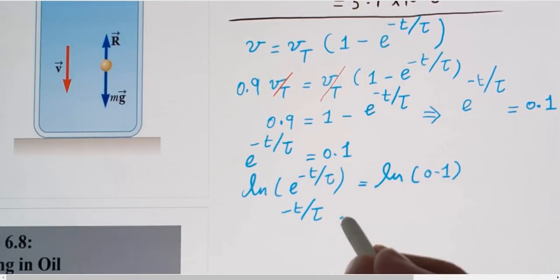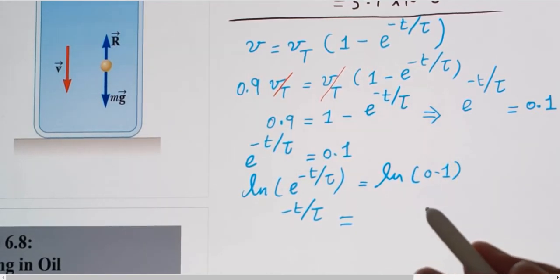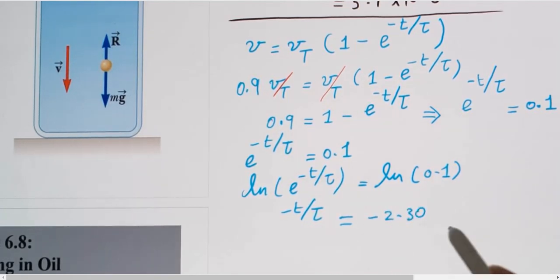And ln of 0.1 is equal minus 2.30. أحسنت يا محمد.